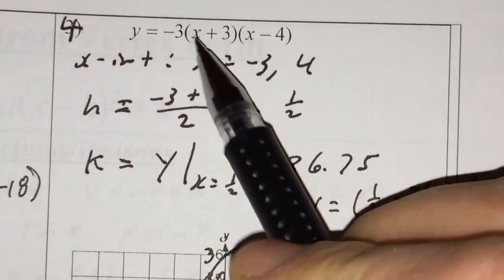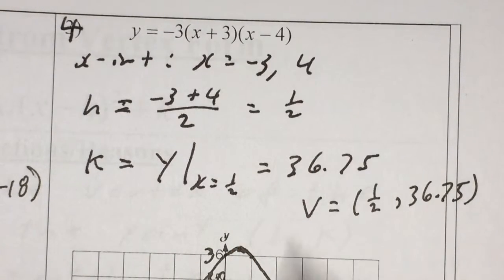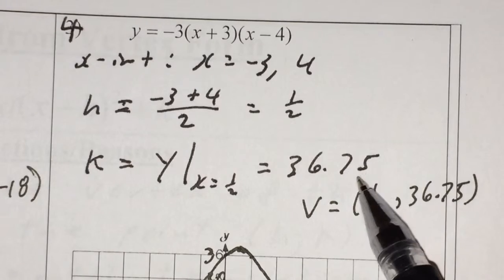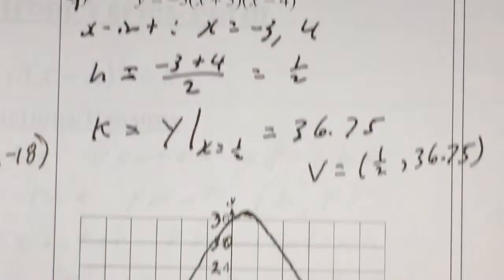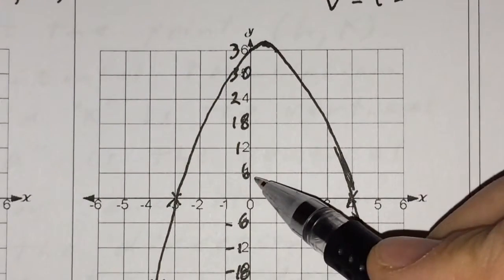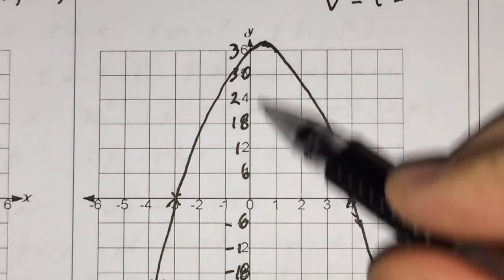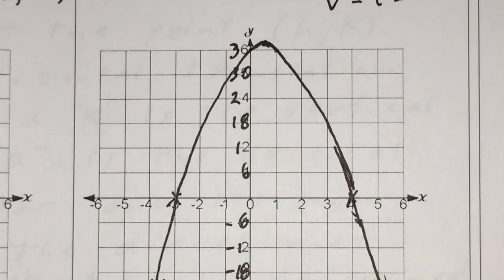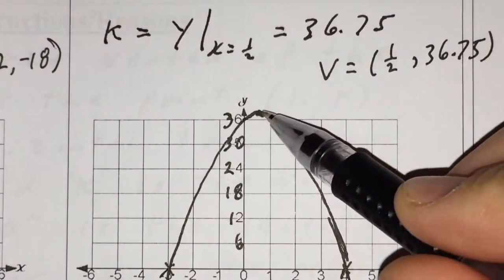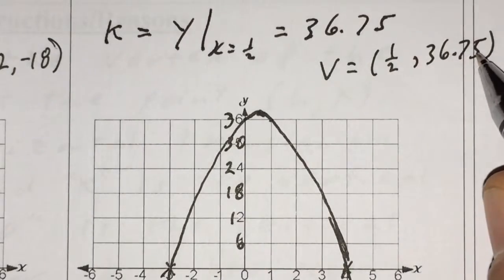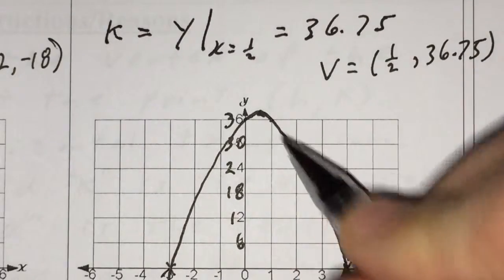Plug in 1/2 for x in here, and you get 36.75. So again, I have to change the scale on this graph. Instead of going up by 3s, I have to go up by 6s, so that it will go up to 36 and down to negative 36. I'm still going to go beyond the graph a little bit because I need 36.75 at x equal to 1/2.